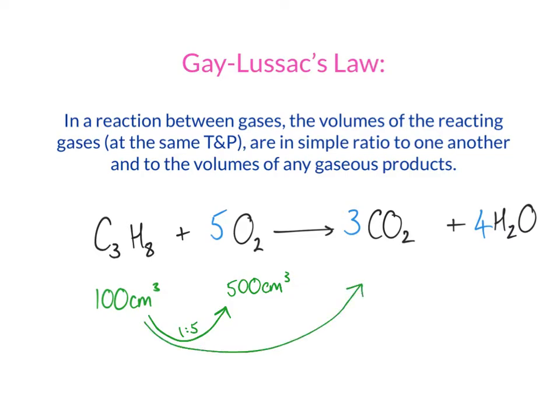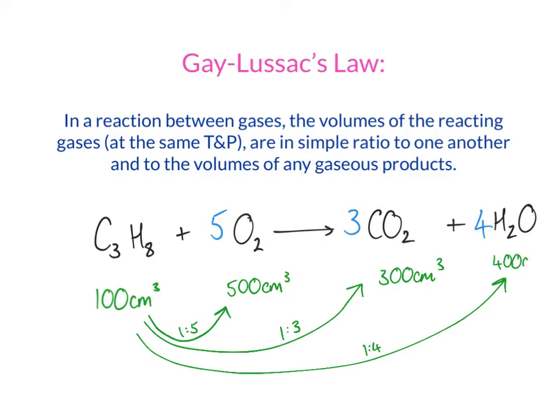So how much carbon dioxide am I going to produce? Well, you can see the balancing number ratio is 1 to 3. So that gives me 300 centimeters cubed of carbon dioxide. And the ratio of propane to water or steam is 1 to 4. So that's going to produce 400 centimeters cubed of steam.